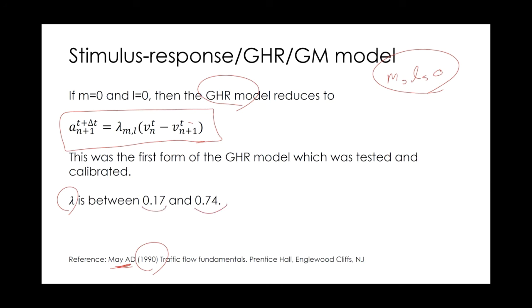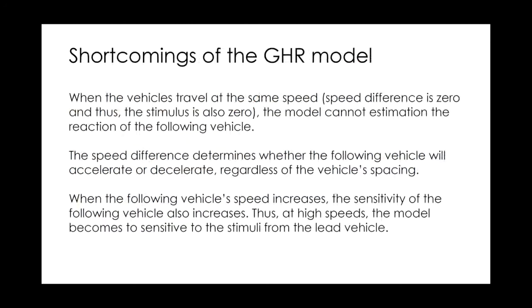So you can see the stimulus response general formula is reduced to this simple formula, where the acceleration of the follower is only dependent on the difference between the speed. This isn't very different from the Pipes model, right? There's only this lambda variable here that differentiates this simple, very first form of the GHR model compared to the Pipes model.